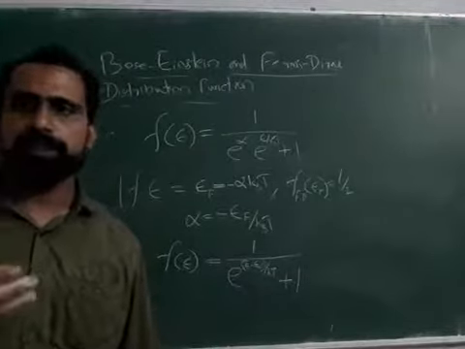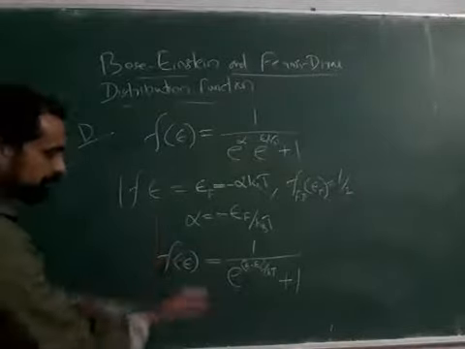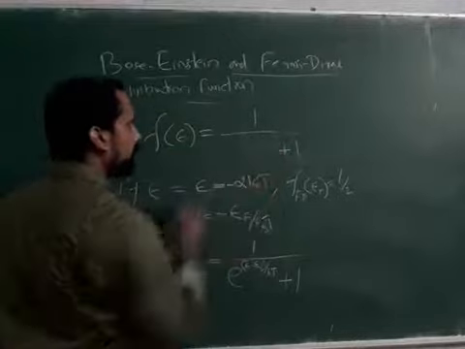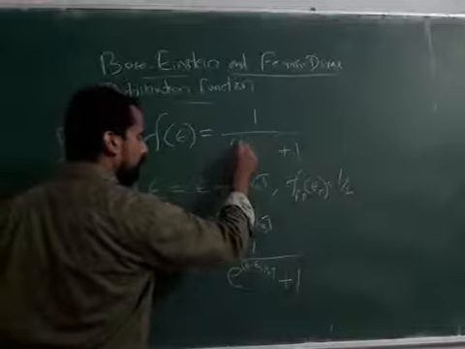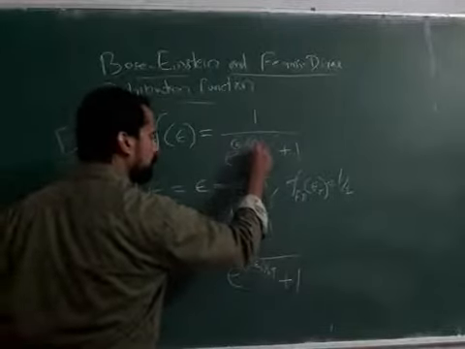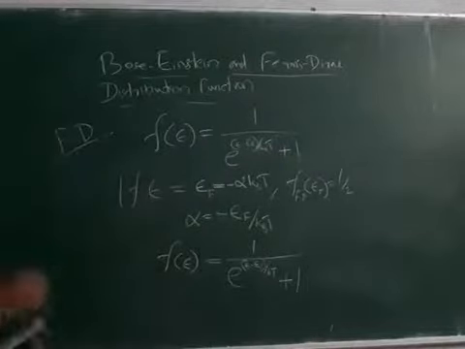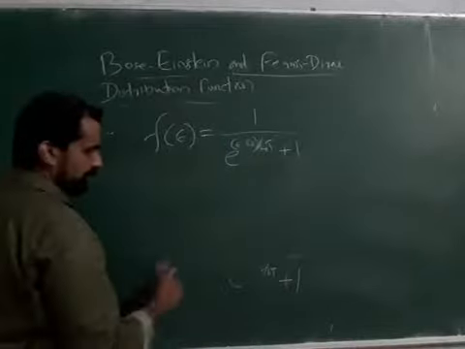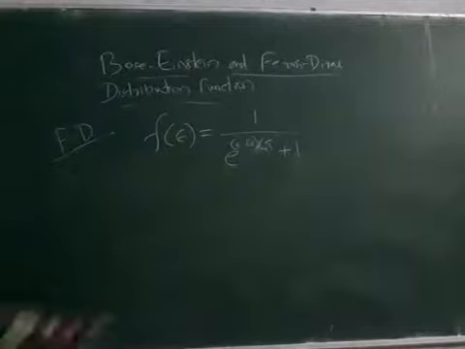I will write the final expression like this: e raised to epsilon minus epsilon f by kBT, kBT or kT. From lower classes I used to say kBT to distinguish different constants, so Boltzmann's constant k, I wrote kB.